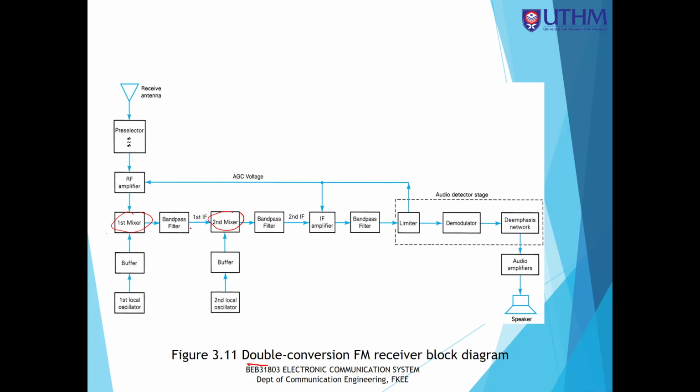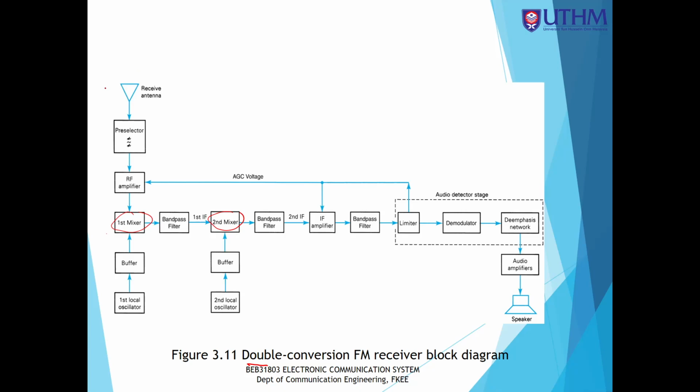Remember in AM, the center of IF is 455 kilohertz. But in angle modulation, we have 2 different kinds of IF, because the frequency is not directly changed from RF to IF; we need to down convert 2 times. Let me explain.